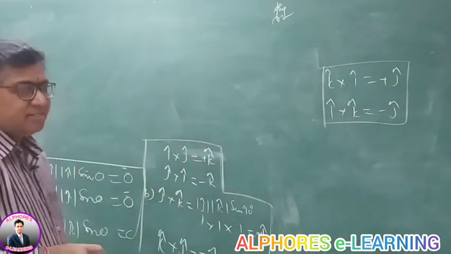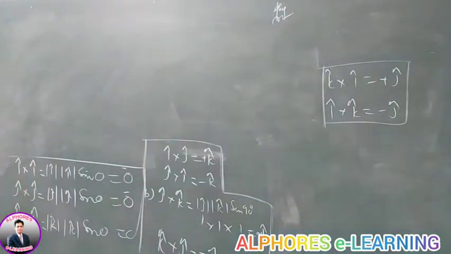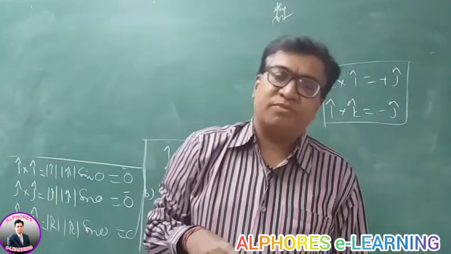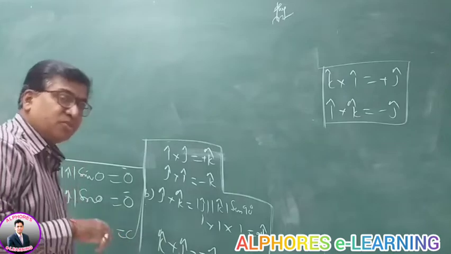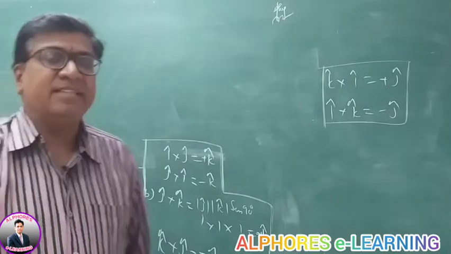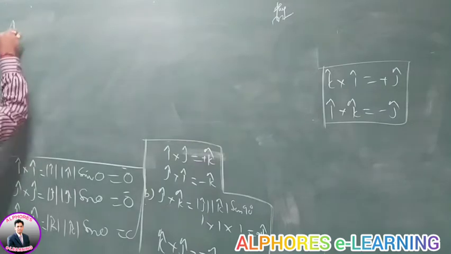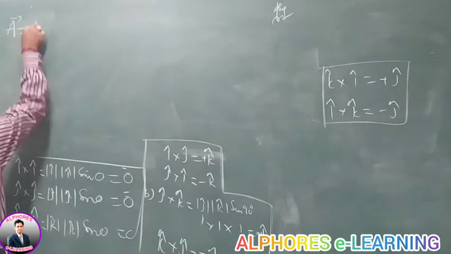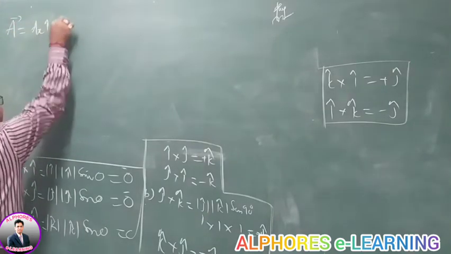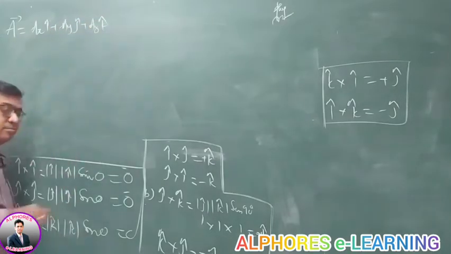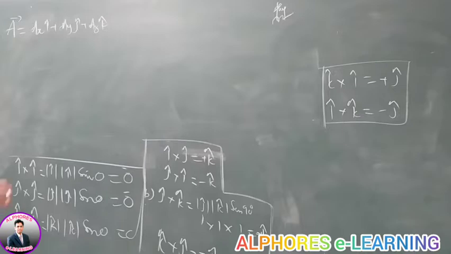Now let us find out what the cross product of two vectors would be if they are given in ijk form. Suppose A bar is equal to Ax i cap plus Ay j cap plus Az k cap, given in ijk form.